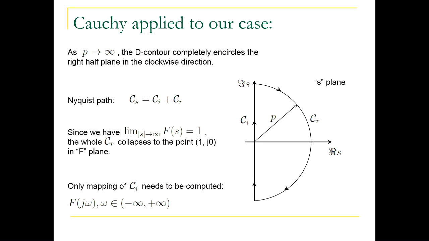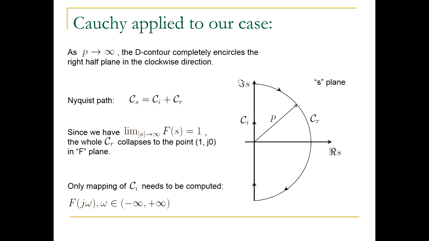Remember in Cauchy principle, we had a contour in S plane, and then we have transfer function F. Here, F is 1 plus lambda 0. That's the choice of F that we use. And the contour is this contour in S plane. Now this contour would map into F plane into another contour. What I'm saying is that any point of this semicircle would map into point 1 in F plane. Everyone following this? Okay.